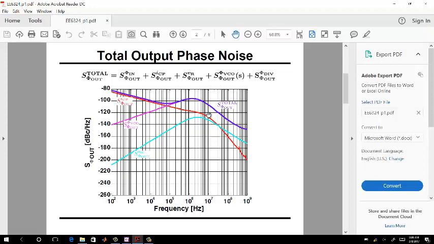Then you have S VCO out. This has a high pass transfer function, but the VCO noise itself falls at minus 20 dB per decade at higher frequency, so you see a falling curve for the VCO. This shows how the S phi out total is a combination of all these things. Then you just need to integrate all of this in blue over frequency.